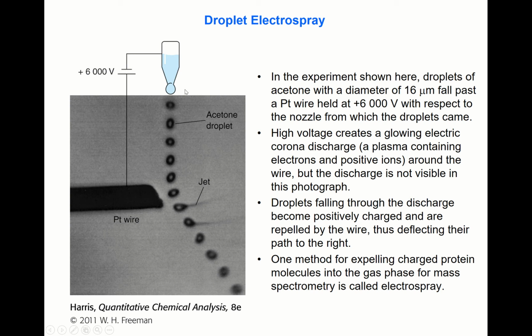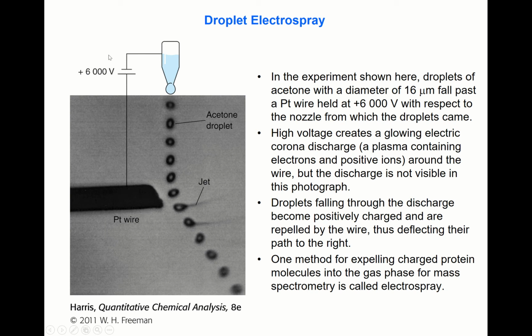Very small drops of acetone falling down. But now let's assume you apply very high voltage, 6,000 volts, from this container, and here the platinum wire, a very small tip.